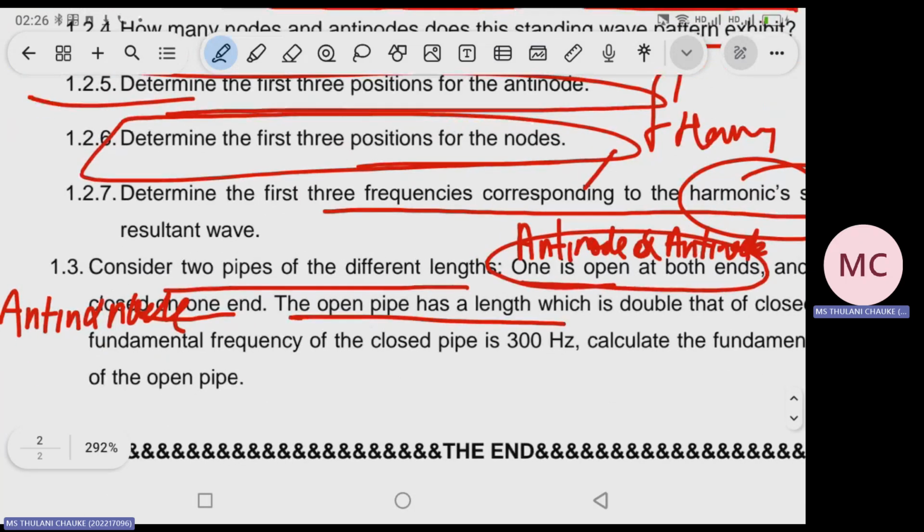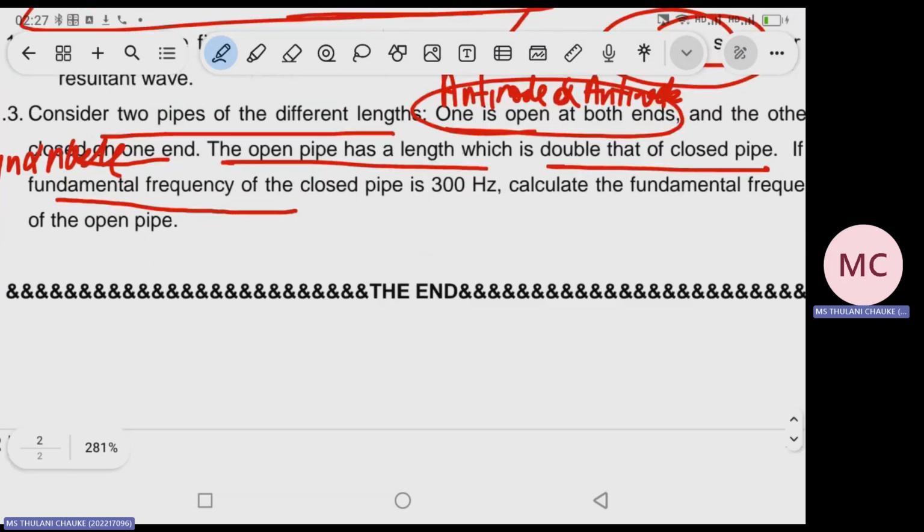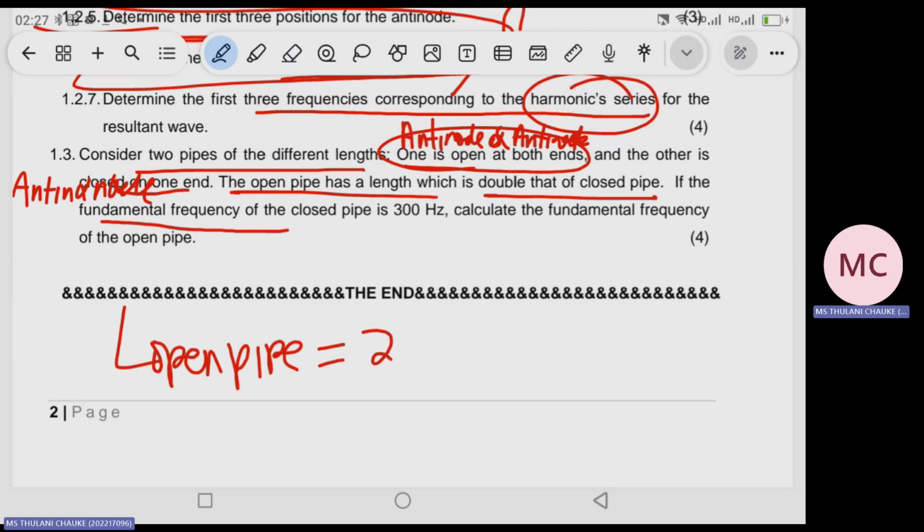The open pipe has a length which is double that of the closed pipe. So we know that the length of the open pipe is 2 times the length of the closed pipe.